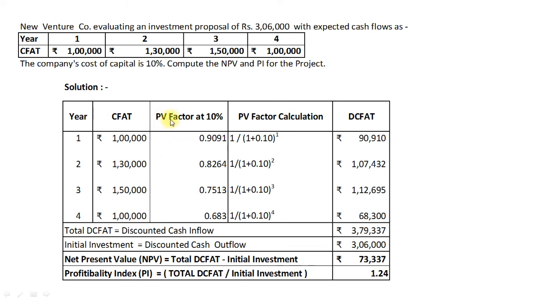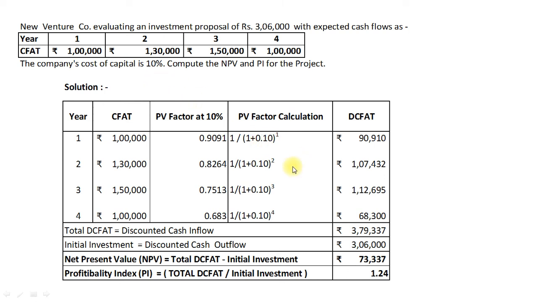Now we will calculate PV factor at 10%. Here I have shown you the working for PV factor. This is our first year. So PV factor will be calculated as 1 divided by 1 plus K. Here 0.10 is nothing but our K, that is cost of capital, rate of cost of capital.